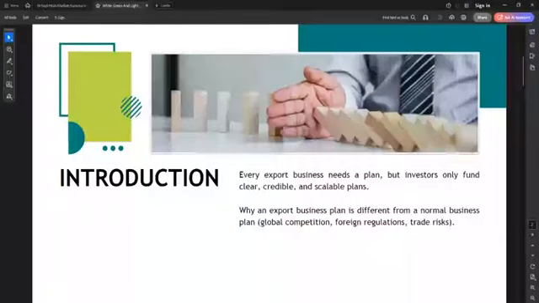All right, in the case of a general business plan, you are creating it as an operational guide, an operational manual concerning your business. Investors, clients, employees, and partners can go through it.